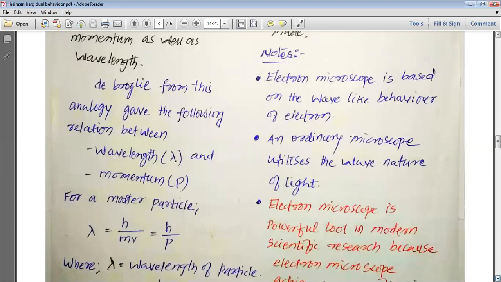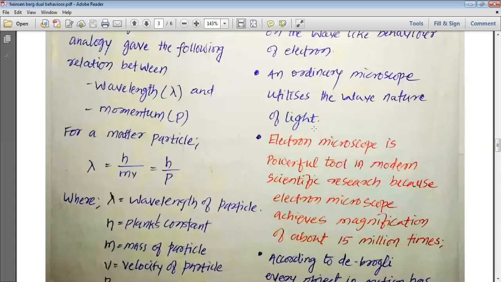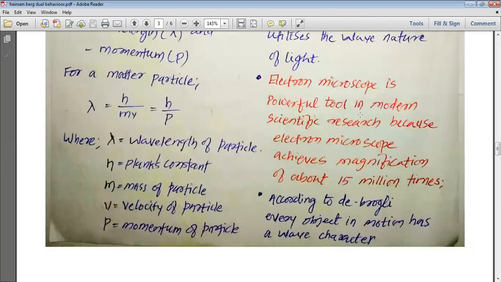An ordinary microscope utilizes the wave nature of light, but electron microscope is a powerful tool in modern scientific research because it achieves a magnification of about 15 million times. So a 1 centimeter particle could be enlarged to 15 million centimeter. So we can see even microscopic particles or microscopic organisms.